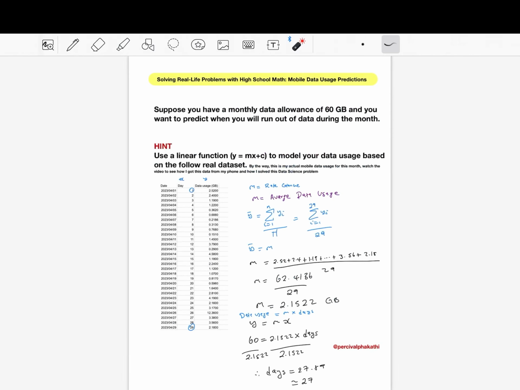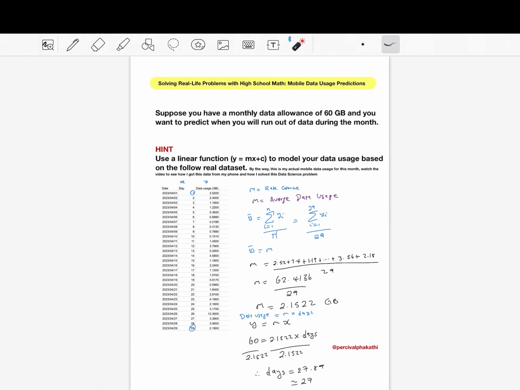Then you can use this equation to figure out how much on average you should spend daily to spend all of your data. That's probably your next assignment. Just using linear functions, how much on average should you spend every day to be able to use your entire 60 gigabytes.